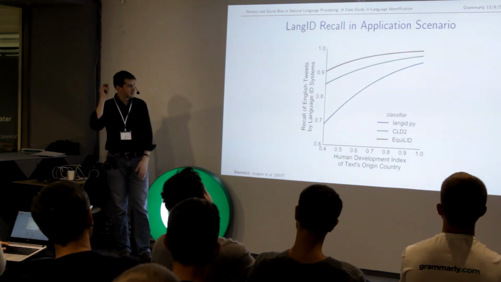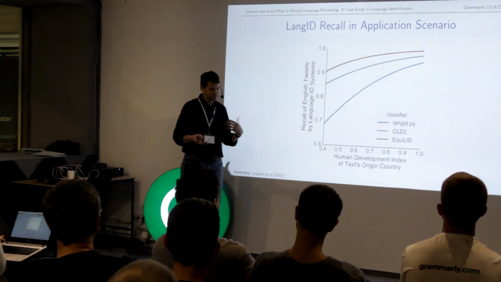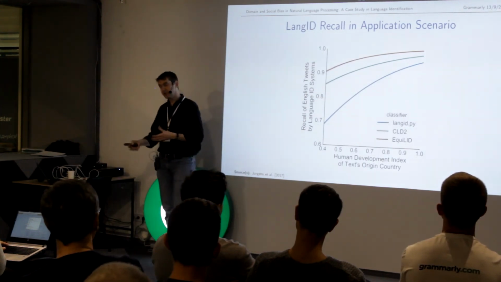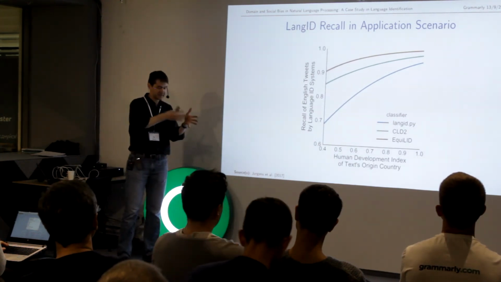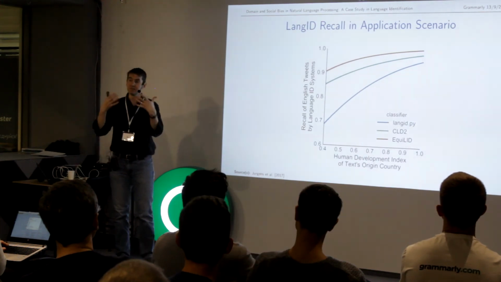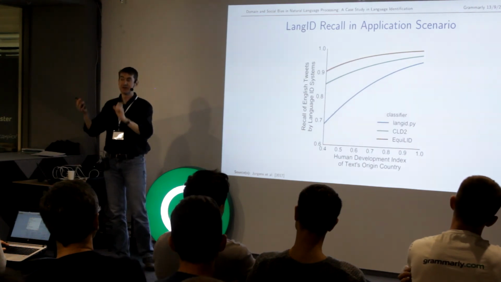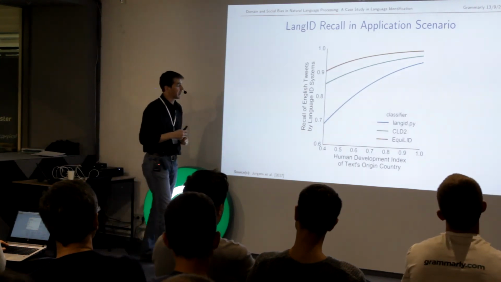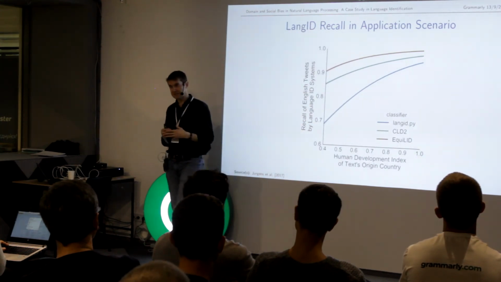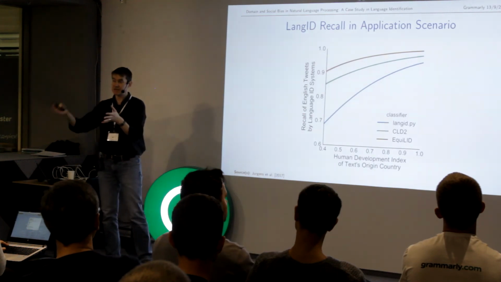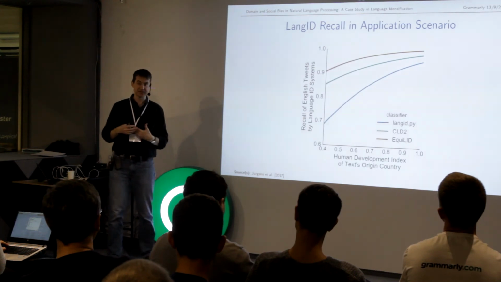And perhaps even more worryingly, they then did an analysis to say, well, let's assume we're building a health monitoring system. So this is for English now, just for English. And we're going to do it based on keyword search, so a bit like a sort of flu outbreak detector, say you're sort of searching for flu and influenza maybe. And we're going to measure how well the recall of that system, so we're assuming we do our keyword search and then we port it through a language identifier and we say, okay, just give us the English tweets.